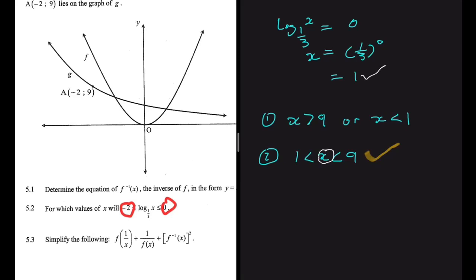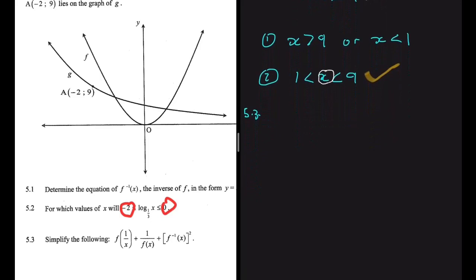And then now off to 5.3. So 5.3 is saying, let's simplify the following. So we have f of 1 divided by x plus 1 divided by f of x plus f inverse of x squared, right?